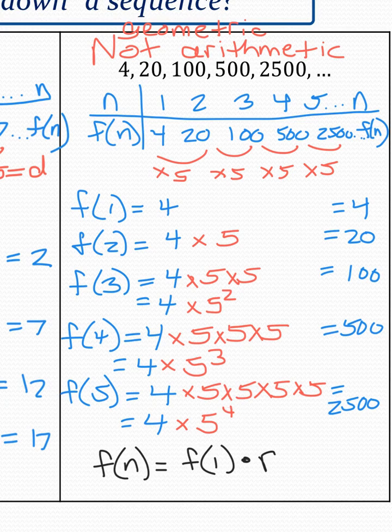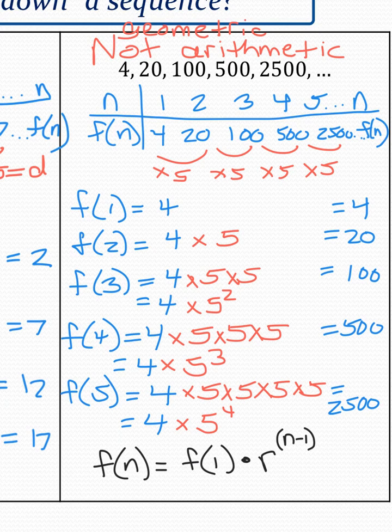When n equals 2, the exponent was a 1. When n equals 3, the exponent is a 2. When n equals 4, the exponent is a 3. So you can definitely see a pattern here. And that exponent is n minus 1. Every row, it's 1 off n. And so that's a geometric sequence.